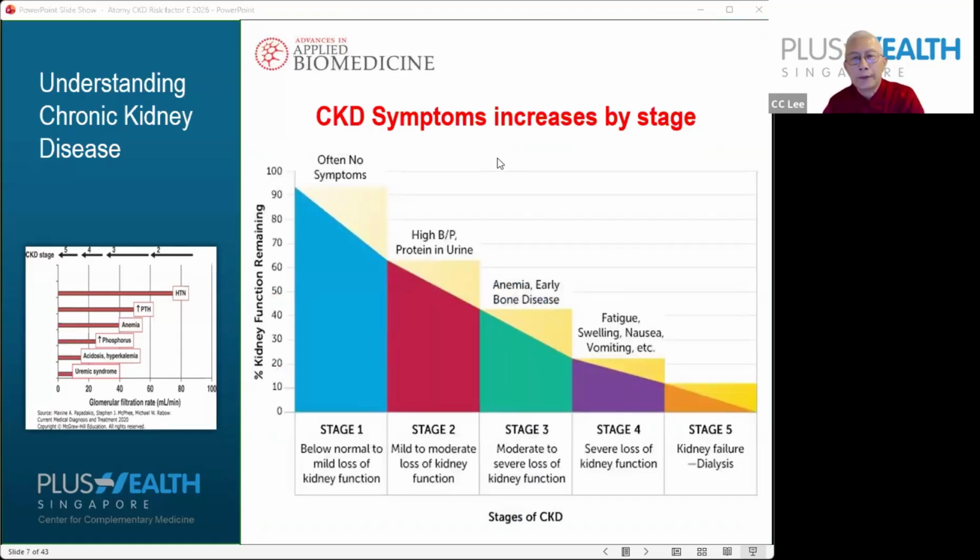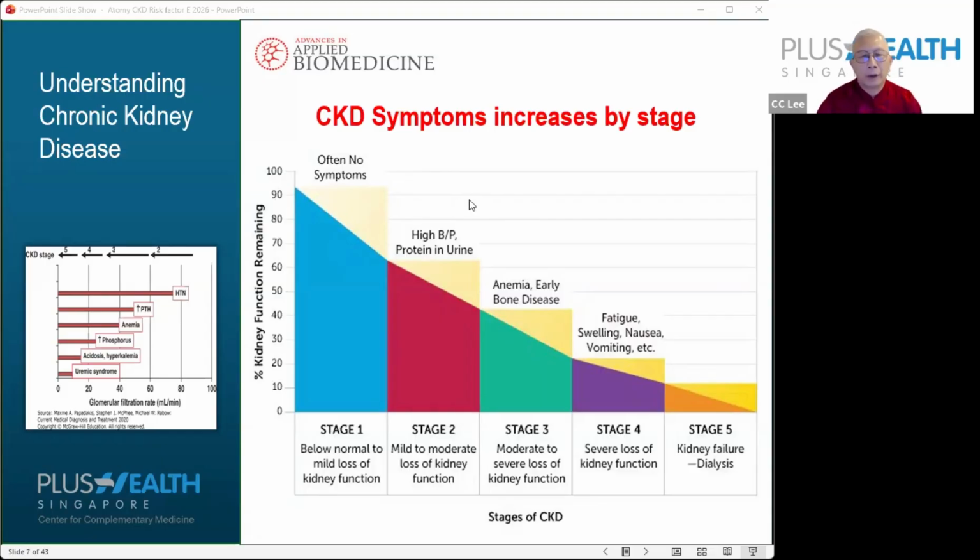Okay, CKD symptoms basically increase as our kidney function deteriorates. You can see from here, at stage 1, very often there are no symptoms. As your kidney function drops to stage 2, symptoms like high blood pressure and protein in urine will occur.